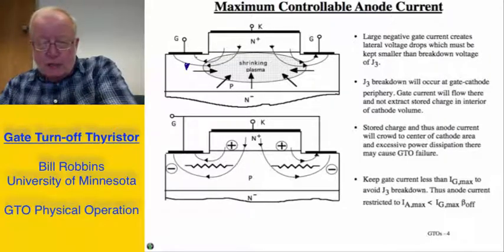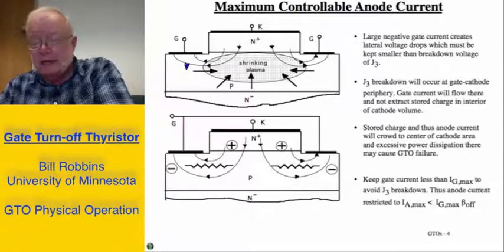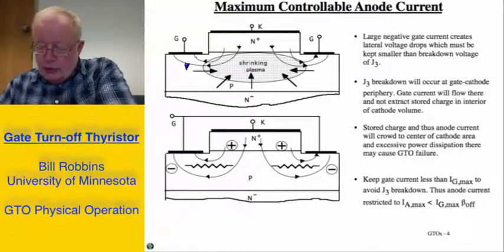Well, this works up to a point. However, if we have very large negative gate currents, which we would like to have in order to minimize the amount of time it takes to pull out that negative charge, we run the danger of a breakdown voltage being developed between the gate and the cathode.